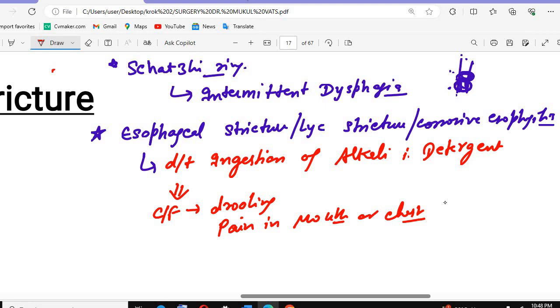In the ingested esophagus, you will see a lot of lye, the esophagus looks like this.